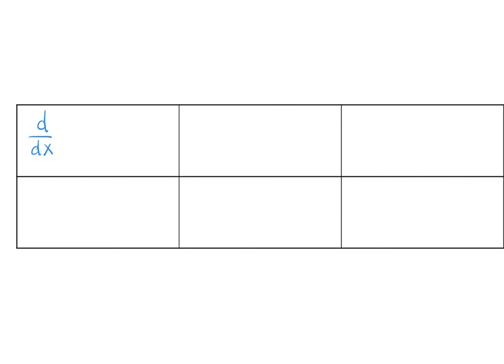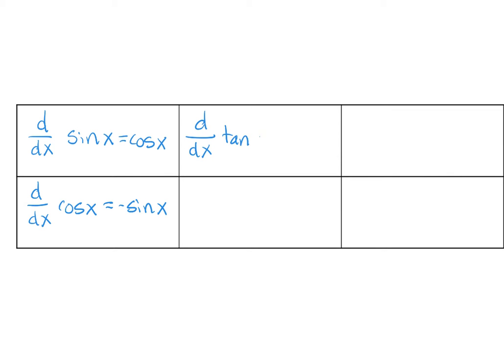So review, the derivative of sine x is cosine x, and the derivative of cosine x is negative sine x. And then here are some new ones. The derivative of tan x is secant squared x. Oops, I forgot my x. The derivative of cotangent is negative cosecant squared.